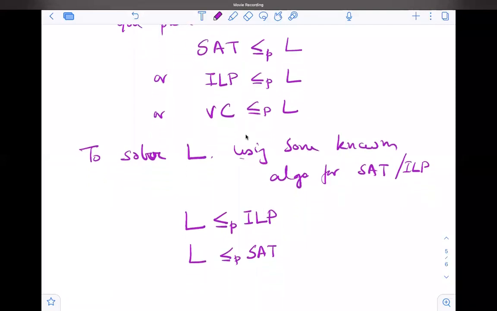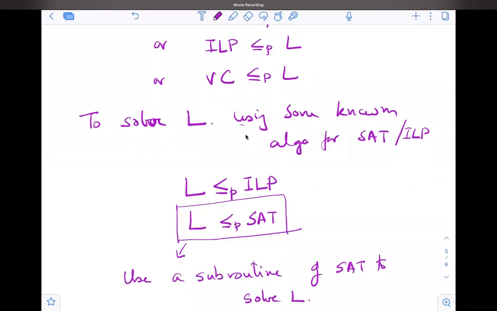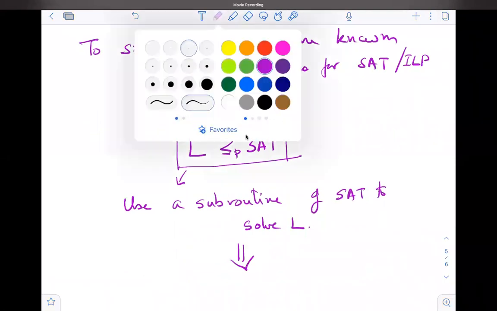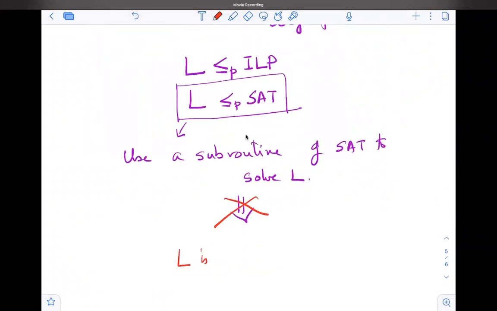Say you want to solve a problem L, and you have reduced it to SAT, meaning you have used a subroutine of SAT to solve L. You use a subroutine of a hard problem to solve L. This does not mean, and I want to say it very strongly, that L is NP complete.